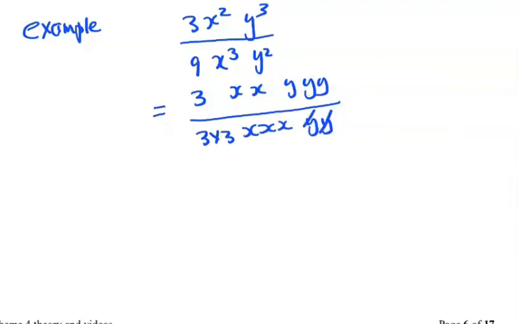So I can cancel the 2 y's, I can cancel 2 of the x's, and I can cancel the 3, so I get 1 in the numerator and 3x in the denominator. And there's also a y there. So our final answer is y over 3x.